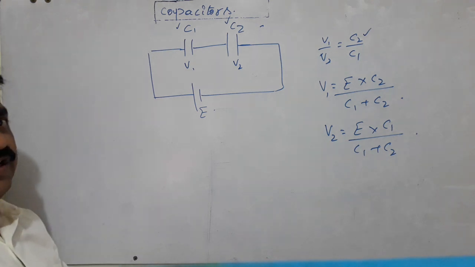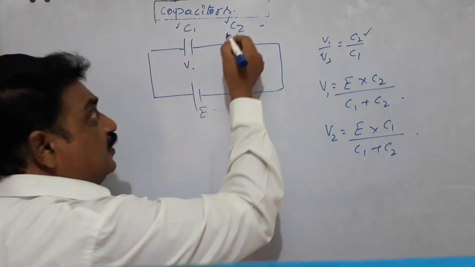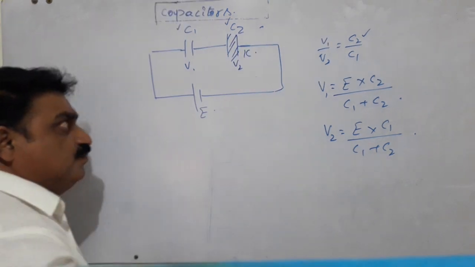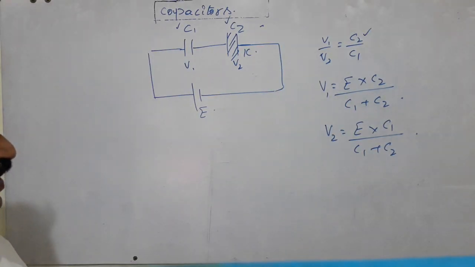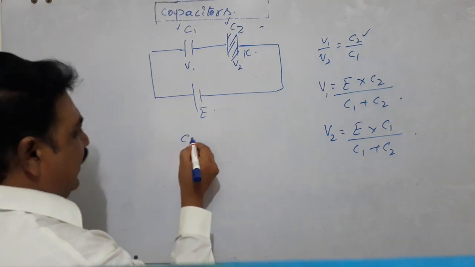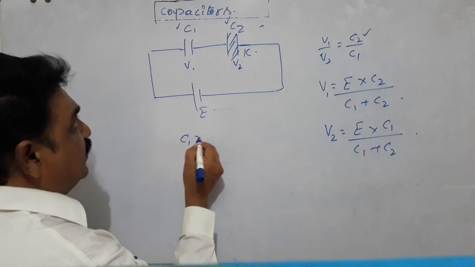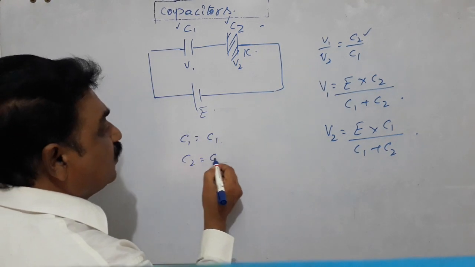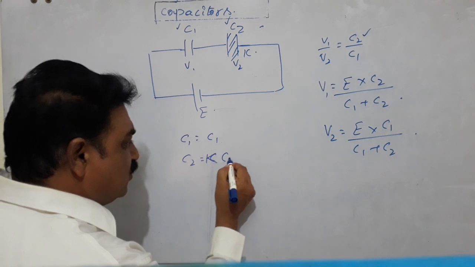In this situation, if you insert a dielectric medium of constant K between the plates of the second capacitor, then C1 is equal to C1 only, but C2 now becomes K into C2.